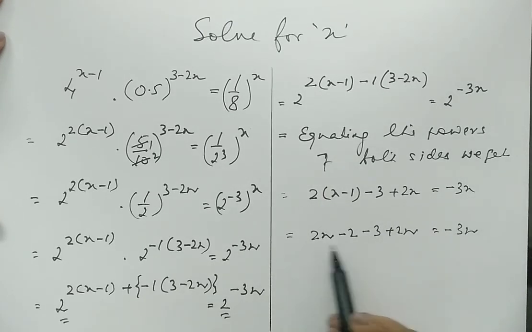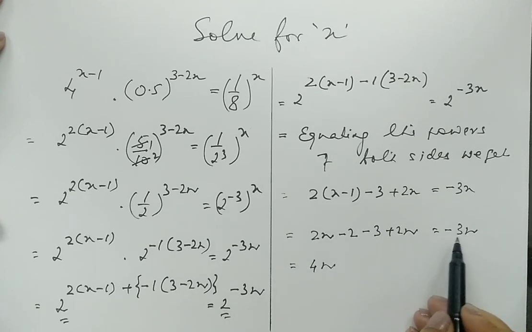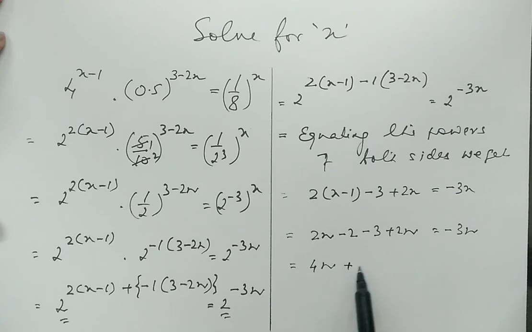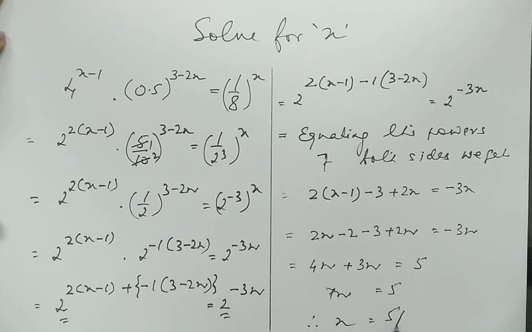Alright guys, so 2x plus 2x is 4x. We'll bring this 3x this side as positive, and we'll take minus 2 minus 3 that side as positive 5. So thus we have 7x, okay, equals to 5. Therefore x equals to 5 divided by 7.